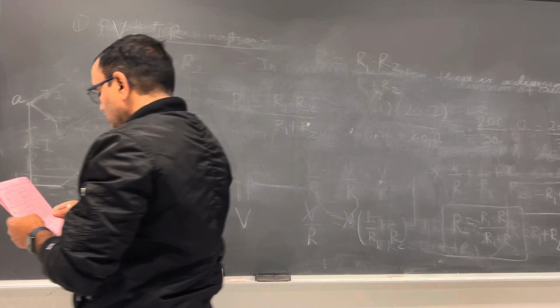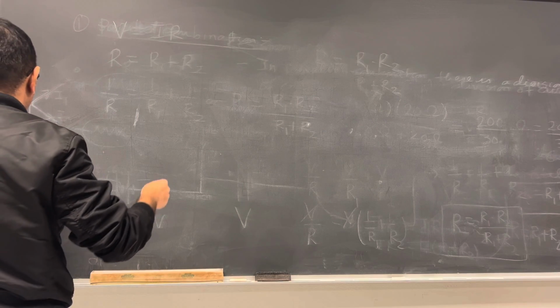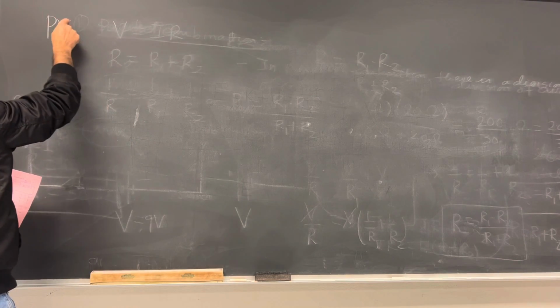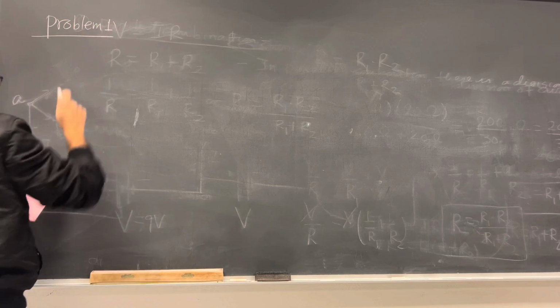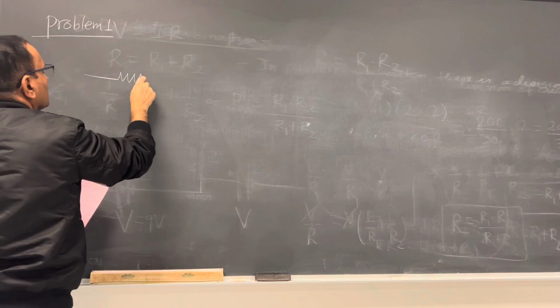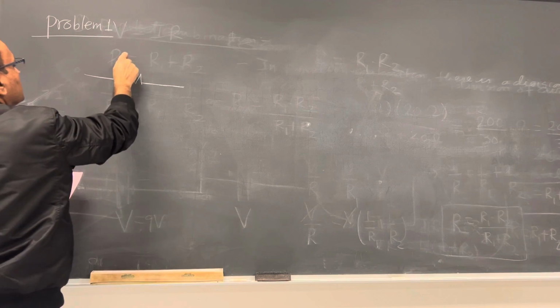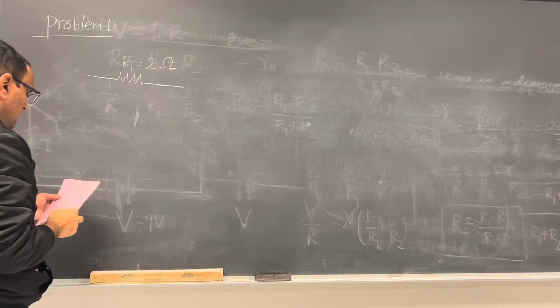Let me draw one circuit, okay? Here is the problem. Let me call it problem number 1, and I want to draw the circuit. This is R1, which is 2 ohm, okay?